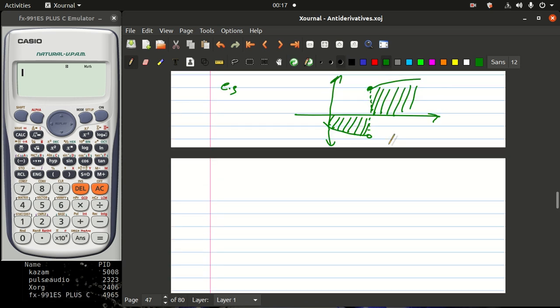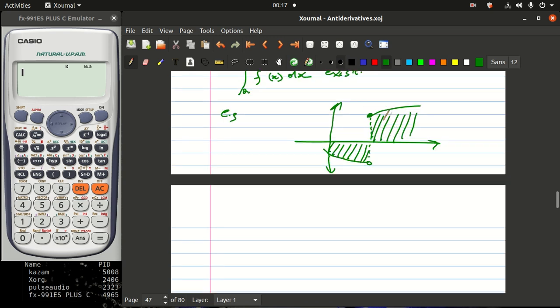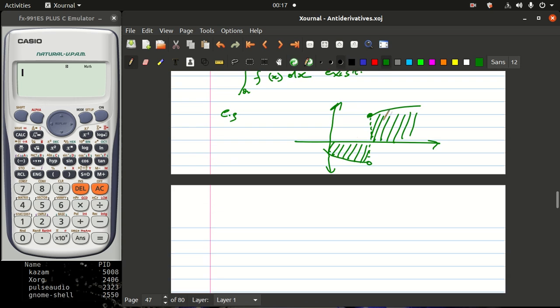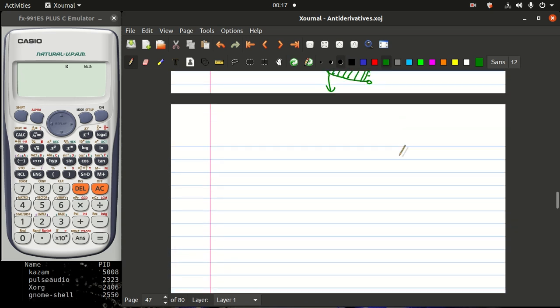I hope you can see what this theorem is talking about: once I give you a finite number of jump discontinuities, you can always find the definite integral.